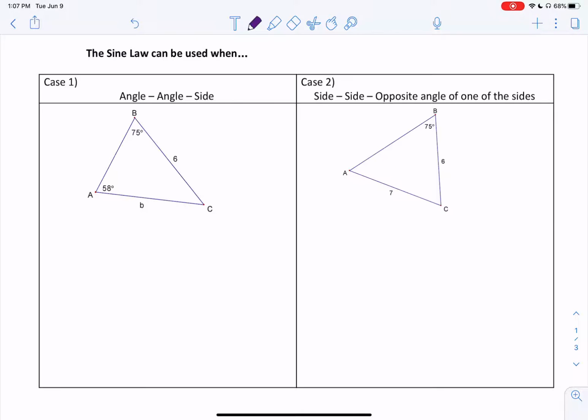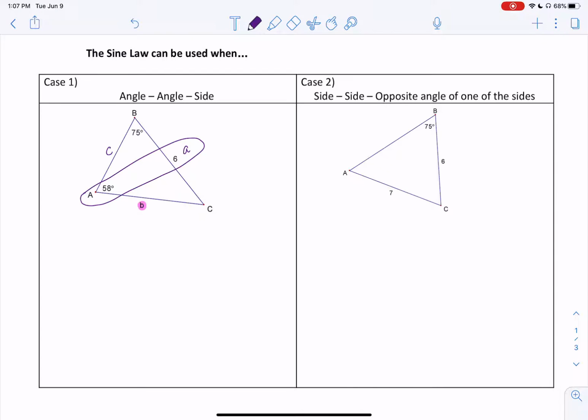Now, I find the description of those two situations very challenging to understand. So the way I like to think about it is to first start by labeling my triangle. So we have big A, B, and C on my angles. Across from big A is little a, across from big B is little b, and across from big C is little c. In this case, we're looking for b. So what I need is one full angle side pair.